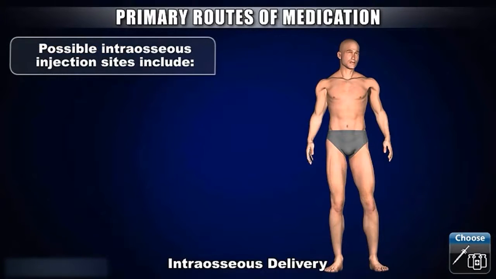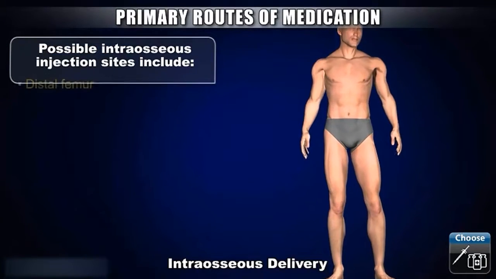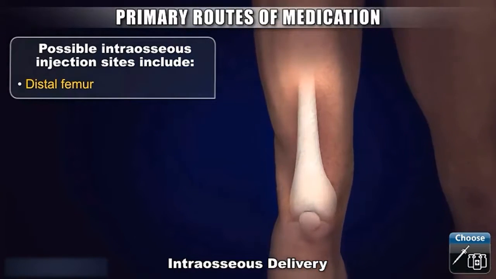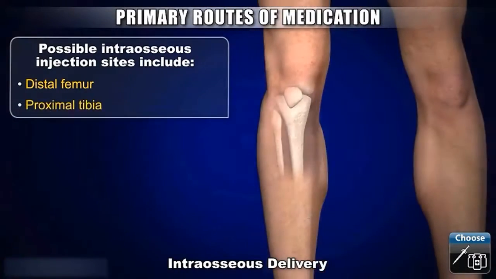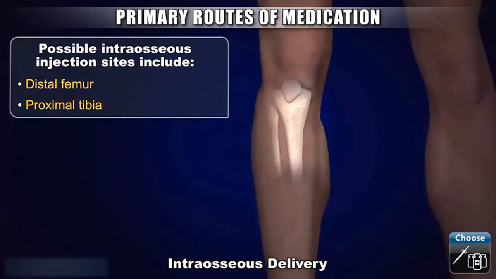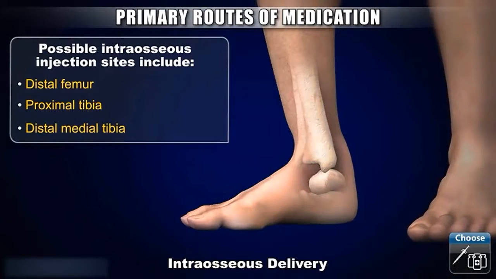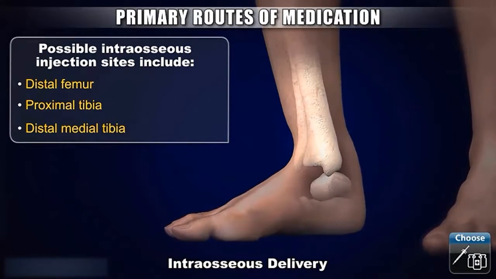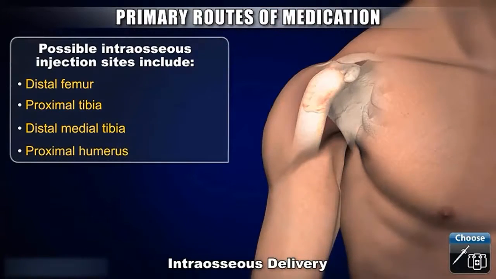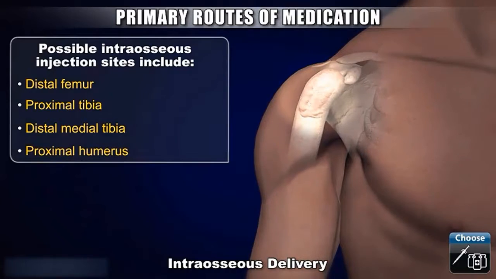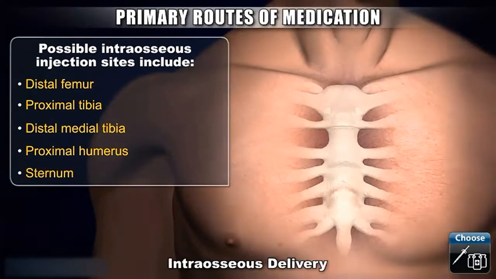Possible intraosseous injection sites include distal femur, proximal tibia, distal medial tibia, proximal humerus, and sternum.